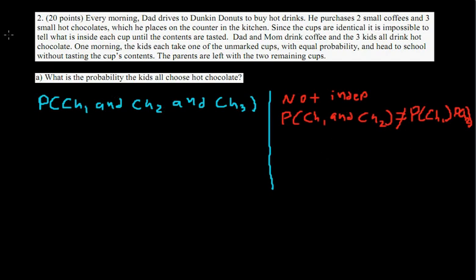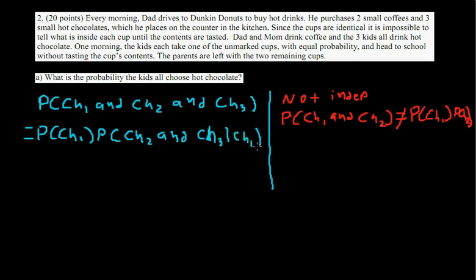So how do we do this one? Well, this is actually equal to the probability of CH1 times the probability of chocolate 2 and chocolate 3 given the first one picked chocolate. So that's that first multiplication rule. And now we can apply it again to this event over here.